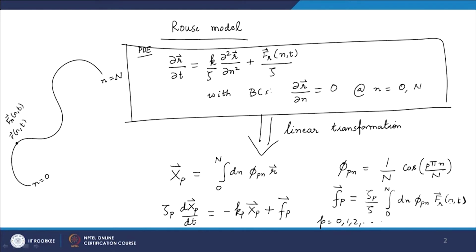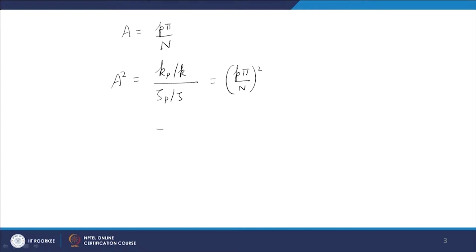So, now take it further. We have also obtained a value that we had earlier as p pi by N, where a was defined as a squared, k_p by k divided by zeta_p by zeta, which is now equal to (p pi by N) squared, which means k_p is equal to k zeta_p by zeta times (p pi by N) squared.